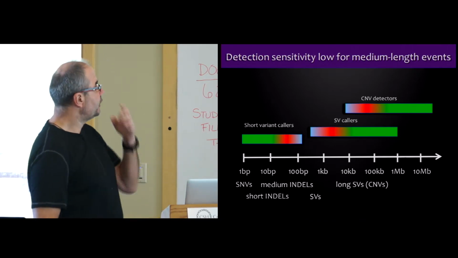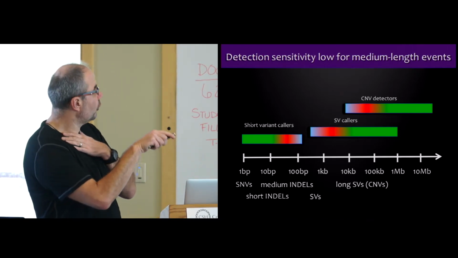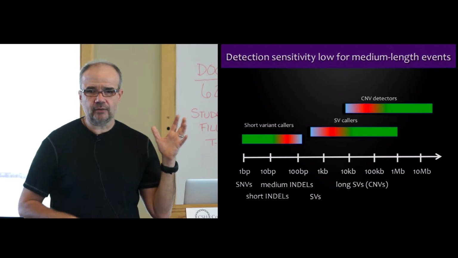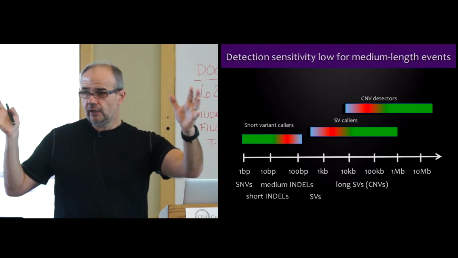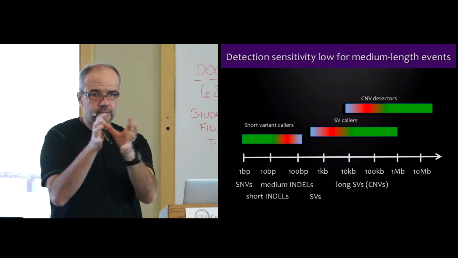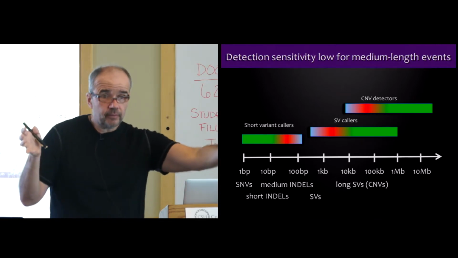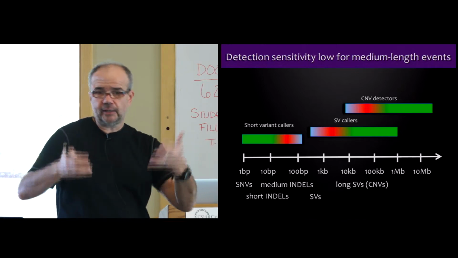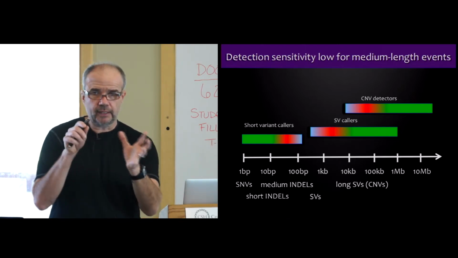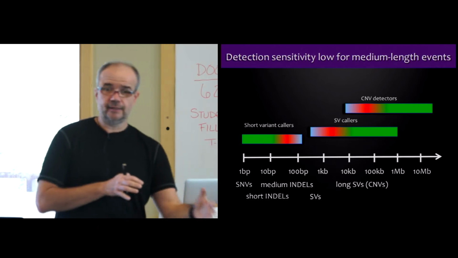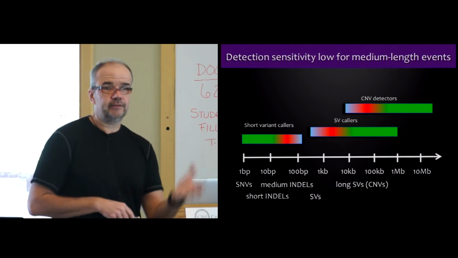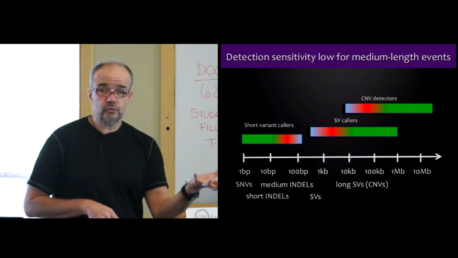Short variant callers are very good up to about 10 base pairs, and then their performance degrades because you have to detect larger deletion events in mapped reads, and it's getting harder and harder to map and align those reads properly. But the structural variant callers don't kick in with high efficiency until about 200-300 base pairs.